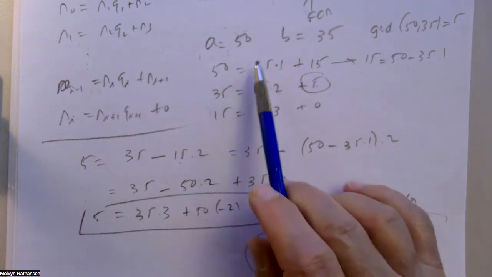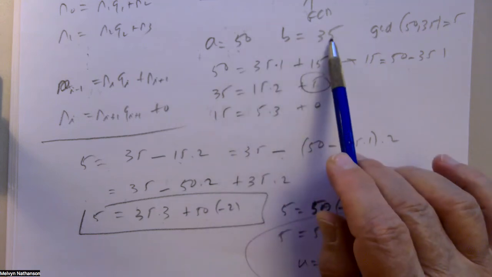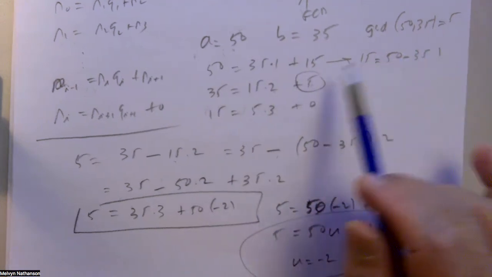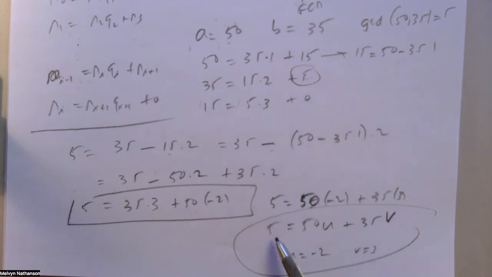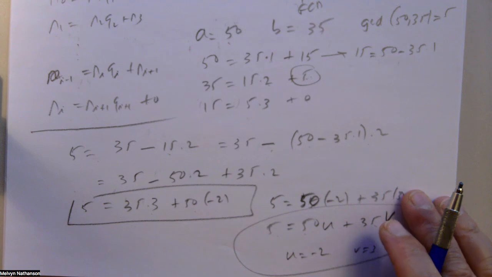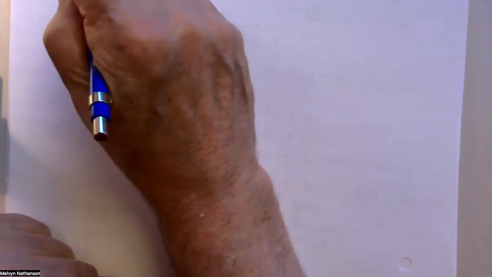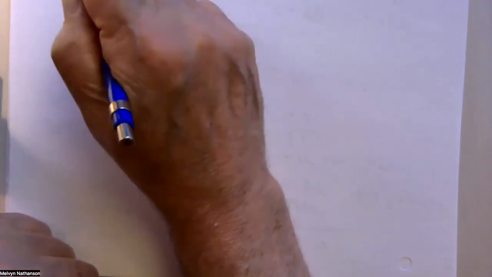So I started with the numbers 50 and 35. I found the GCD was 5, and then working the Euclidean algorithm backwards, I can write this GCD as a linear combination of 50 and 35 with integer coefficients. And you can always do this. It always works. So whenever you have your Euclidean algorithm, R0 is R1 Q1 plus R2.